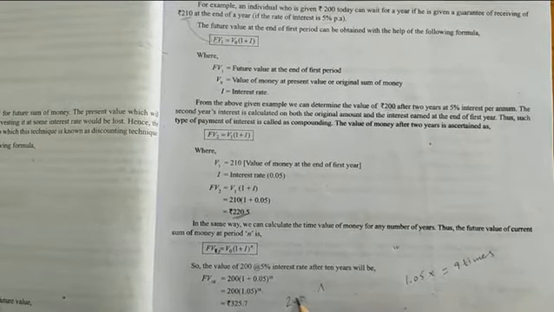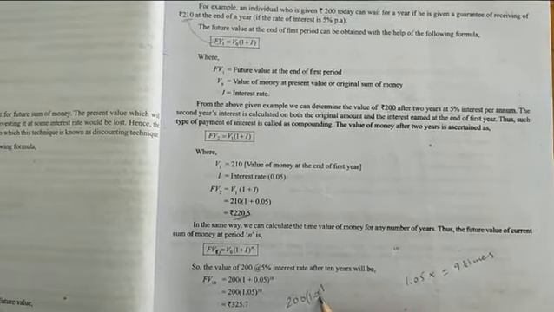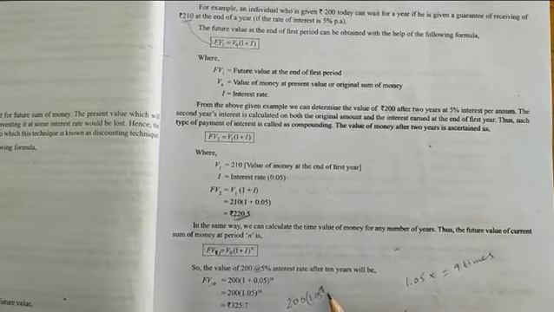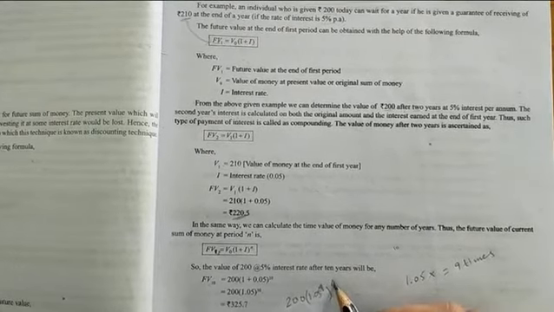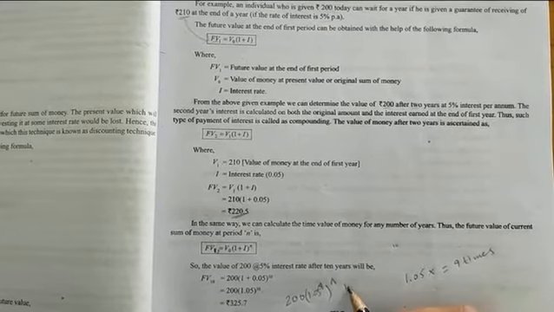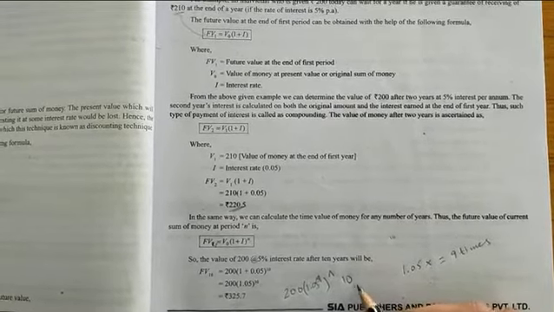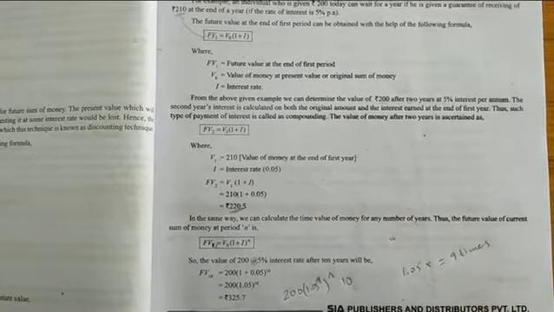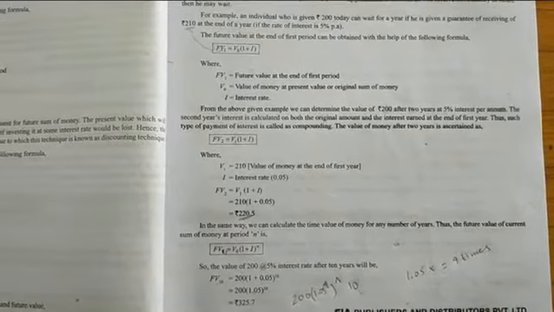You have to type 200 into (1.05), close the bracket, then multiply this way, and press equals, and you will get the answer. These are the ways through which you will get the answer.